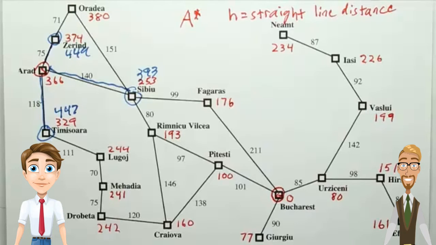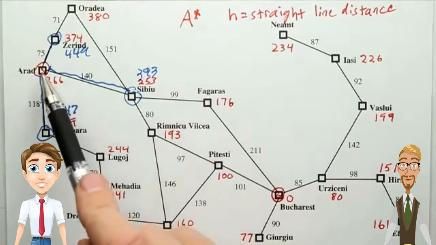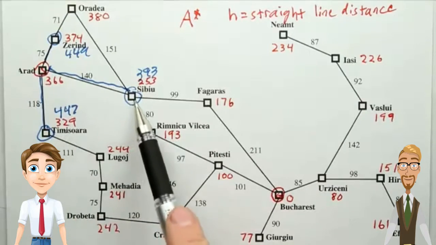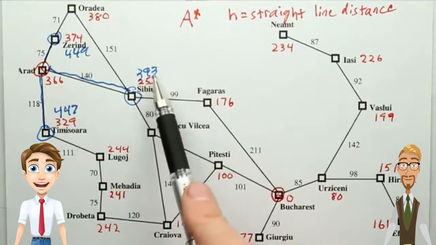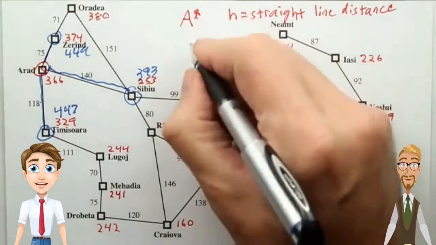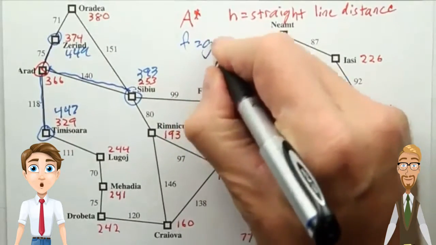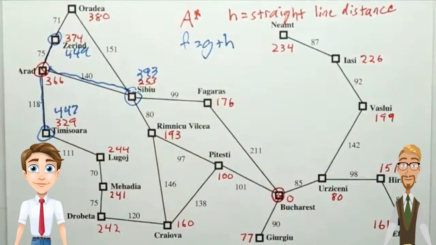So, f of Zerind is 449, f of Sibiu is 393, and f of Timisoara is 447. Which city should be expanded next? The answer is that we select this path first, the one from Arad to Sibiu, because it has the smallest value, 393, of the sum f equals g plus h.